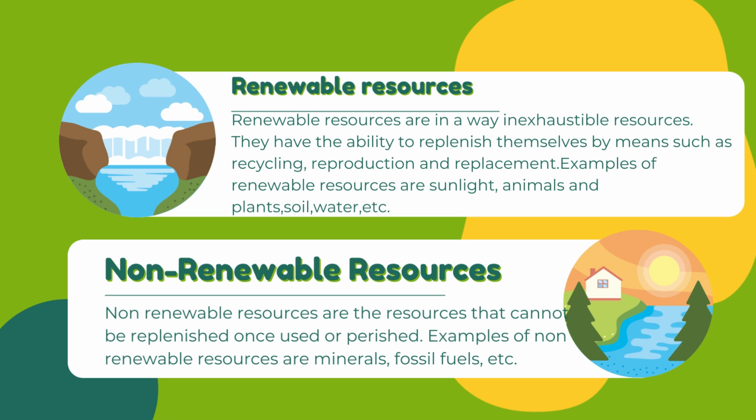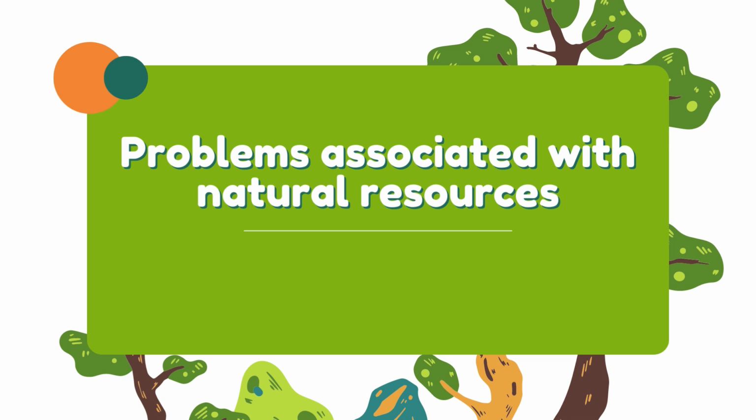Biotic resources are living resources, for example forest, agriculture, fish and wildlife, which are able to reproduce or replace themselves to increase. Abiotic resources are non-living resources like petrol, land, and minerals. They are not able to replace themselves, so they are not useful to consider in terms of human lifetimes. So next we are going to see about the problems associated with natural resources.